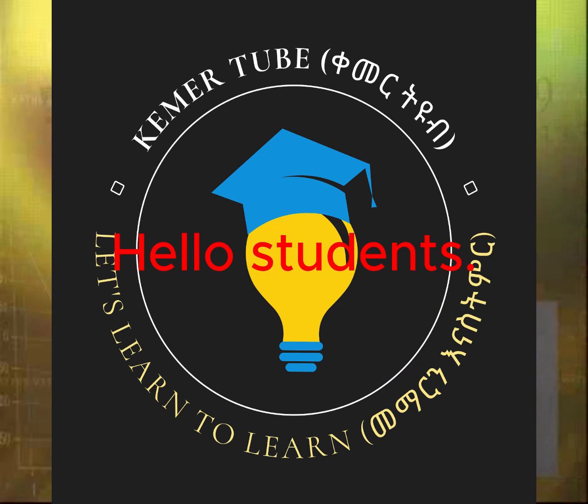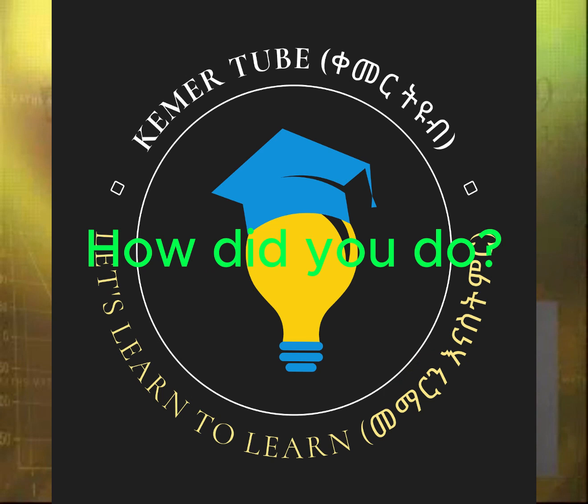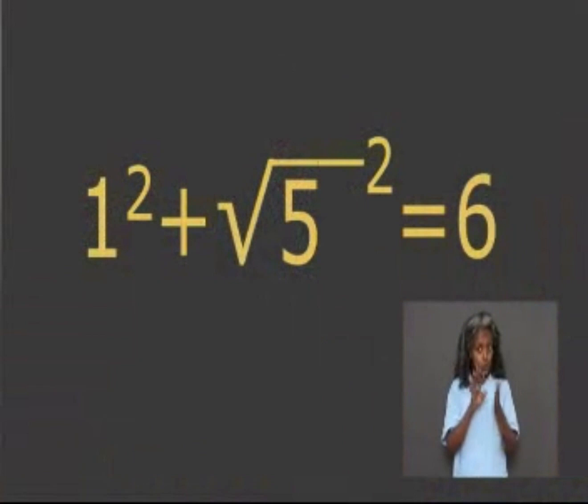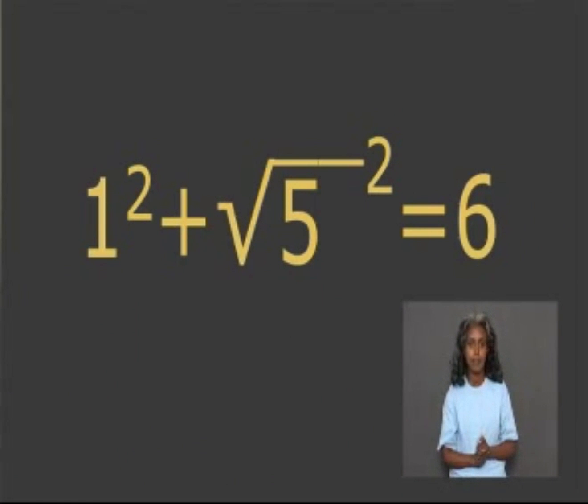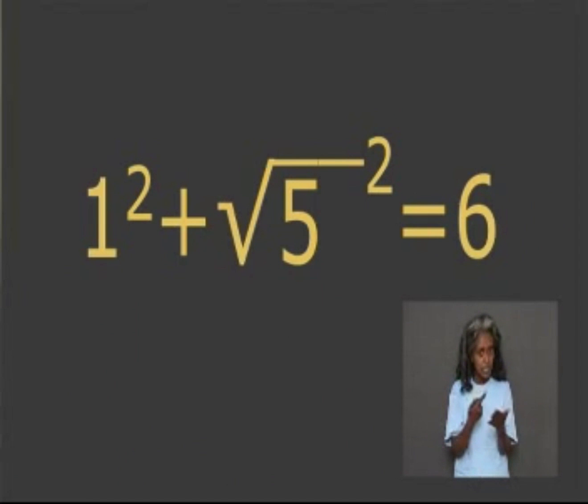Hello, students. How did you do? Two numbers whose squares can be added together to get 6 are 1 and the square root of 5. Since we just learned how to plot the square root of 5, this should be easy.